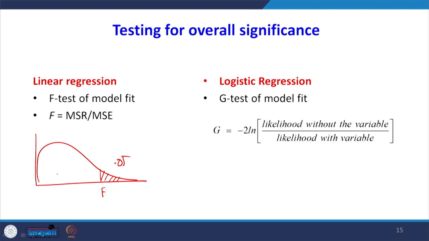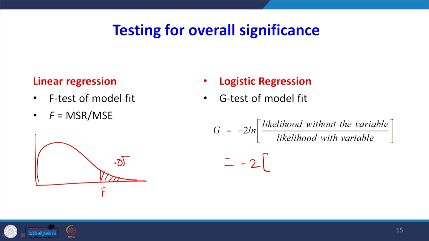But for logistic regression, the formula is minus 2 ln of likelihood without the variable divided by likelihood with the variable. When I say log value, division is nothing but subtraction.